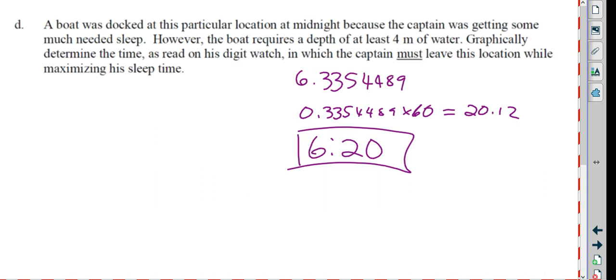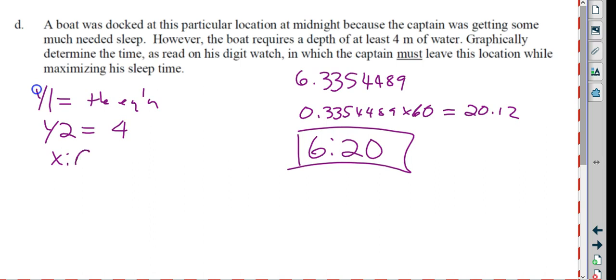Okay, questions? Let's say it says determine anything here. Oh, graph. Well, we've got to do the whole thing, right? So y1 is equal to the equation, y2 is equal to 4. Window 0 to 12 by 1s, negative 5 to 20 by 5s.